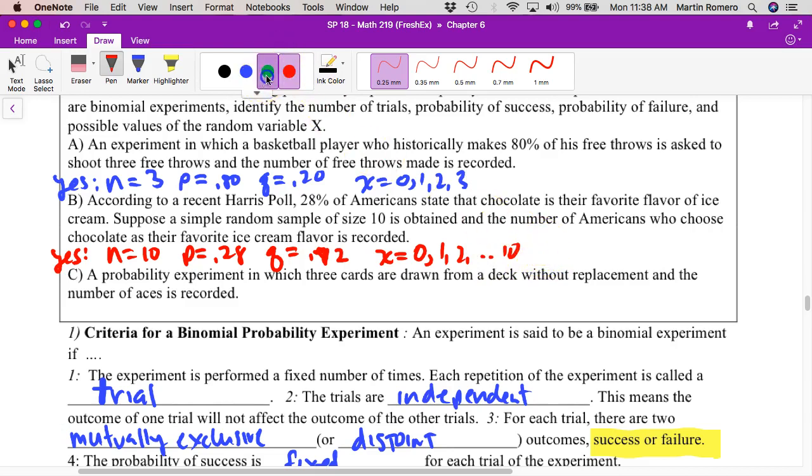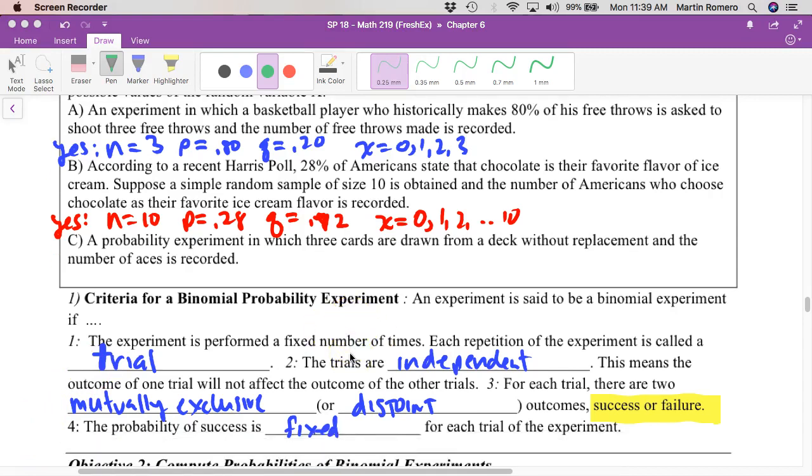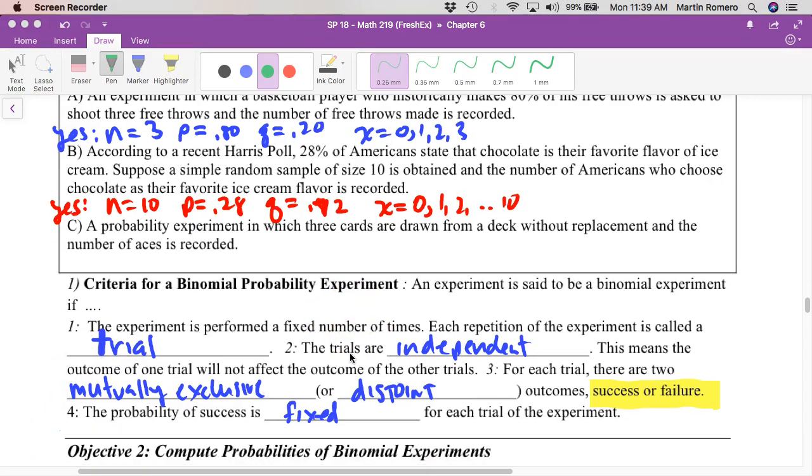Part C, is this a binomial probability experiment? 3 cards are drawn from a deck without replacement, and the number of aces is recorded. Consider that. In this case, it almost sounds like it's going to be a binomial experiment because we have two outcomes, either it's an ace or it's not.